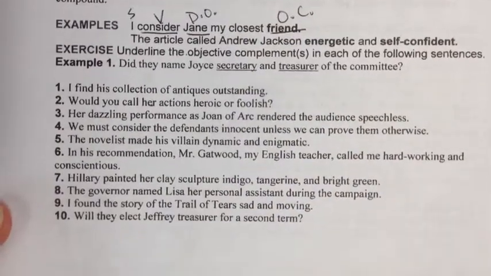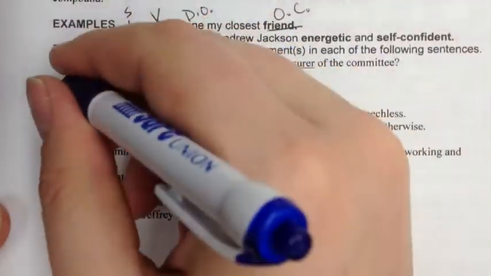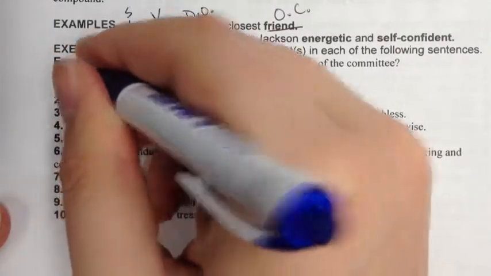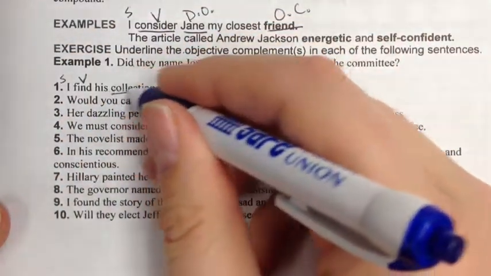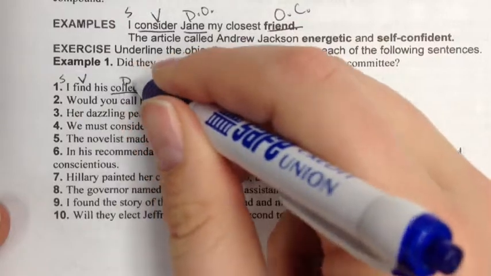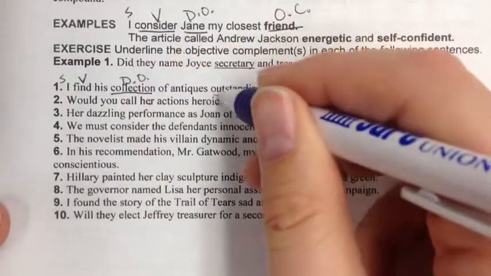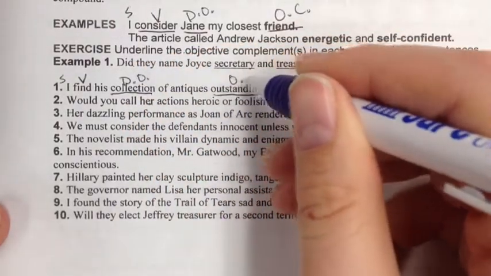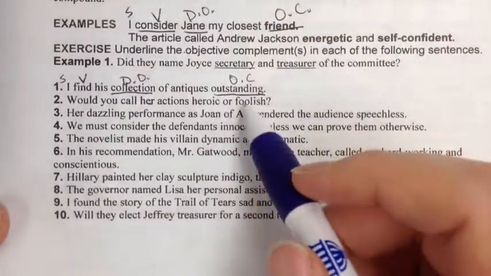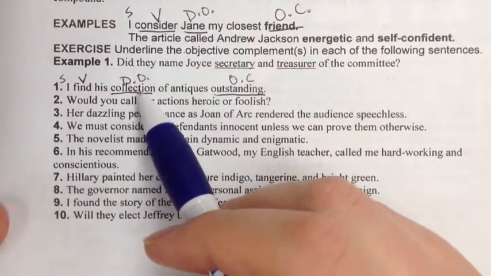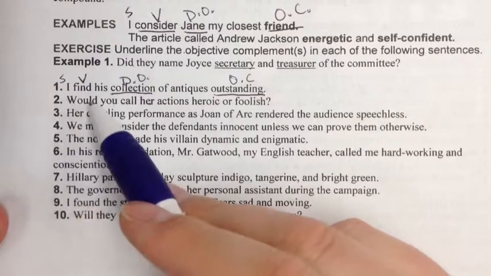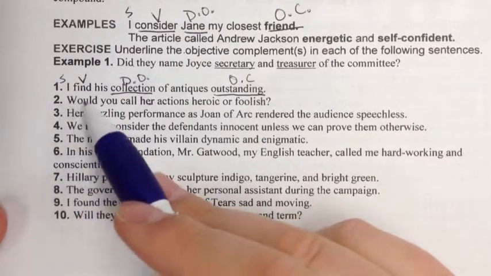So let's do some of the example ones. I, there's our subject. Verb is find. His collection, which is our direct object. And then the word outstanding here, this is our objective complement. It describes the collection by explaining how I did the verb to it, how I find it.